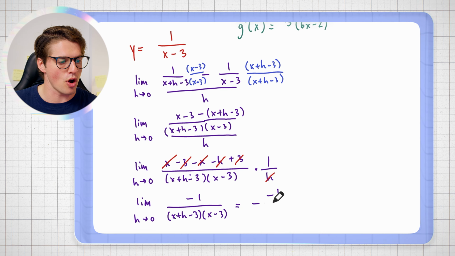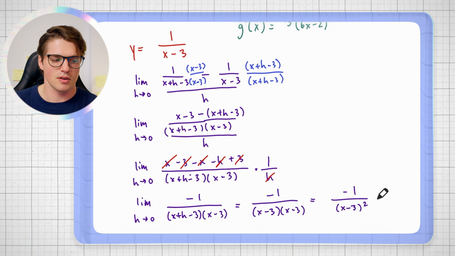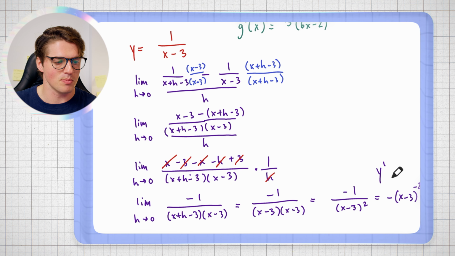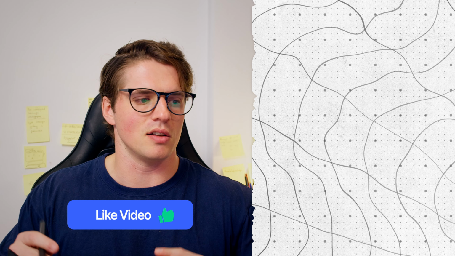We get negative 1 over x minus 3 squared, or negative x minus 3 to the negative 2. Okay, and this was y, so y prime equals this. We actually have another notation we can use as well, but we'll talk about that in a later video.